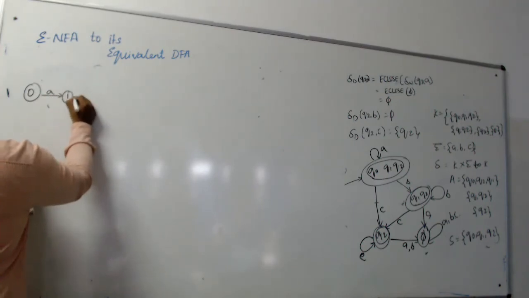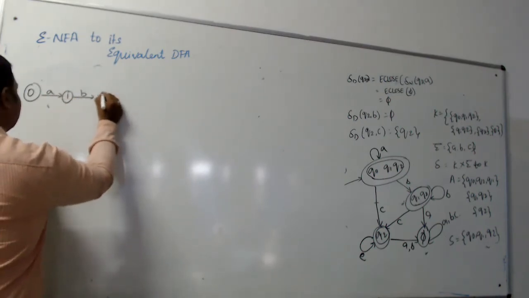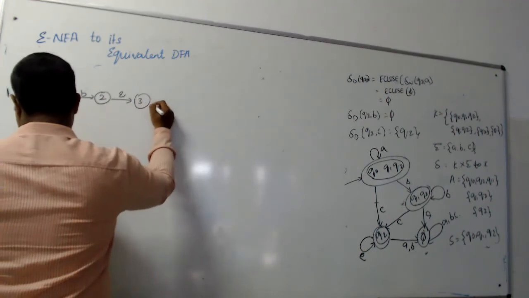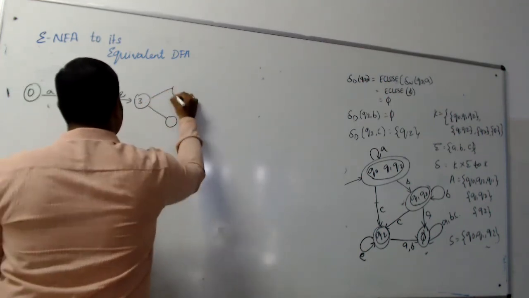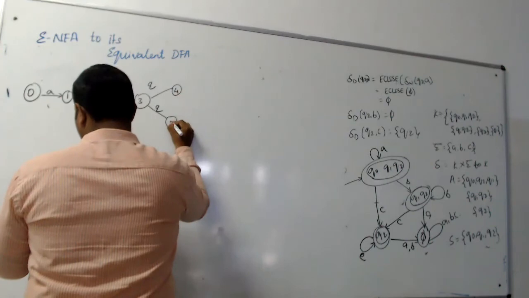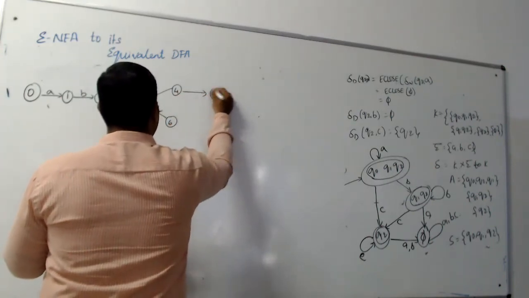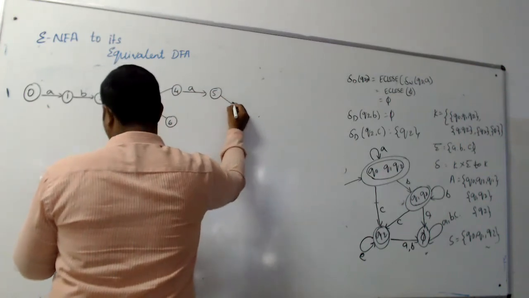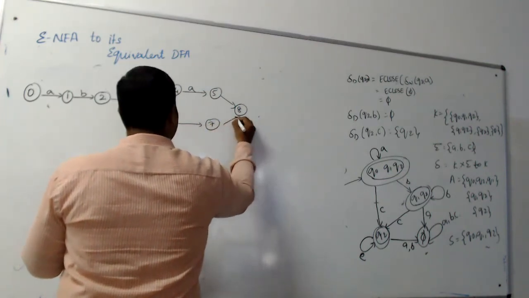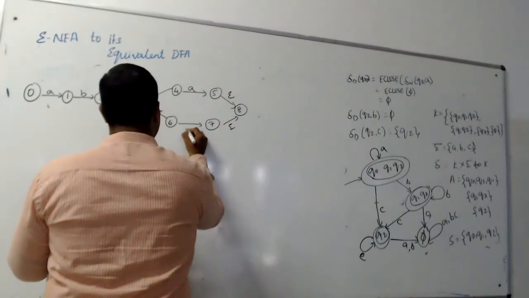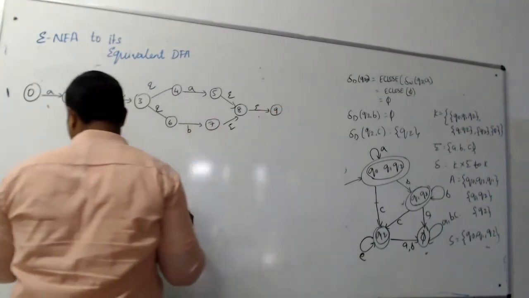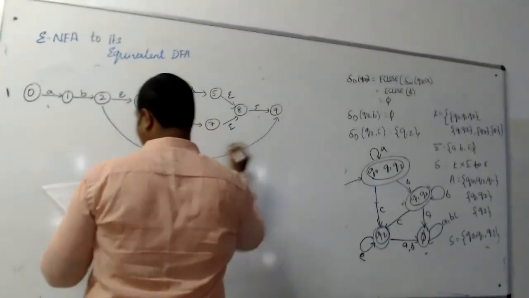A, B, on 3. This is on epsilon, 4, 6, 5, 8, 7, epsilon, B, epsilon 9. 2 to 9 epsilon.